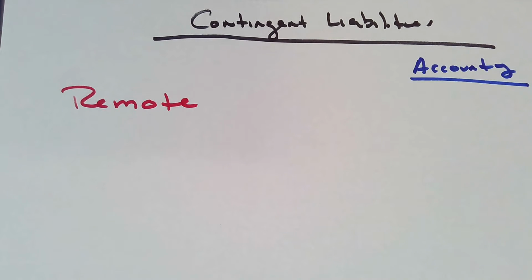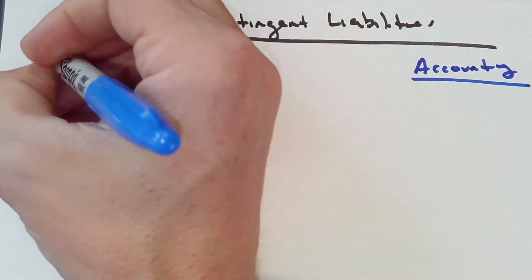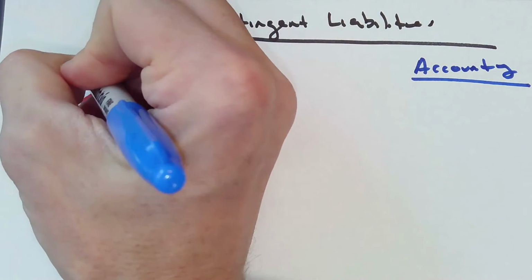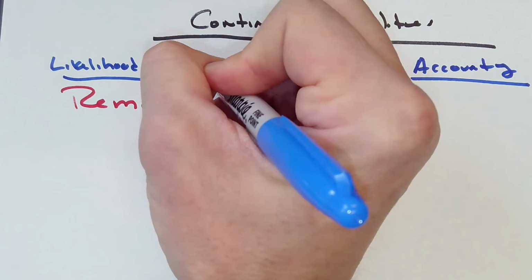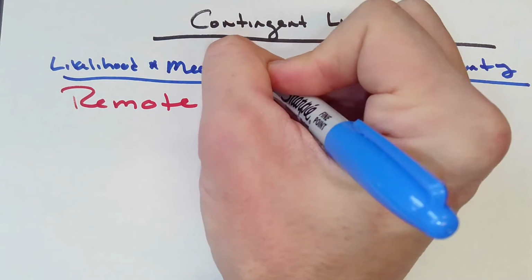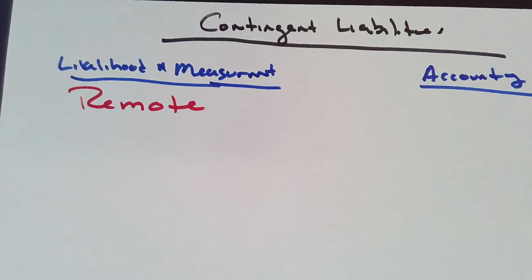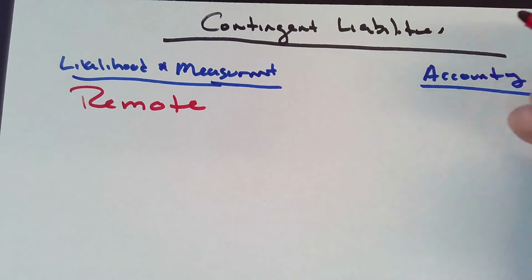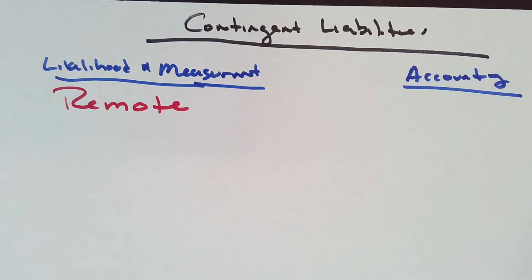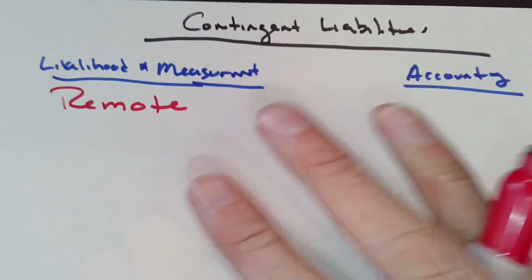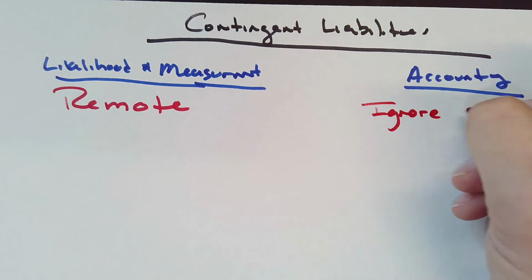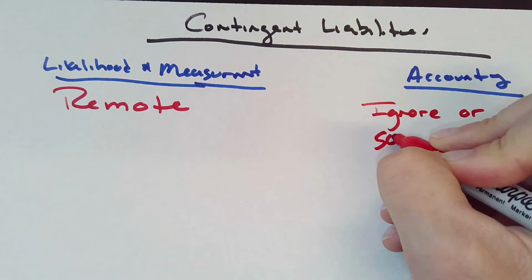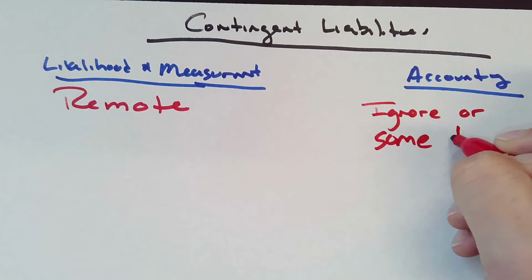And over here, we're dealing with the likelihood and measurement, right? The accounting here is ignore, maybe some really broad disclosure, or some innocuous disclosure.